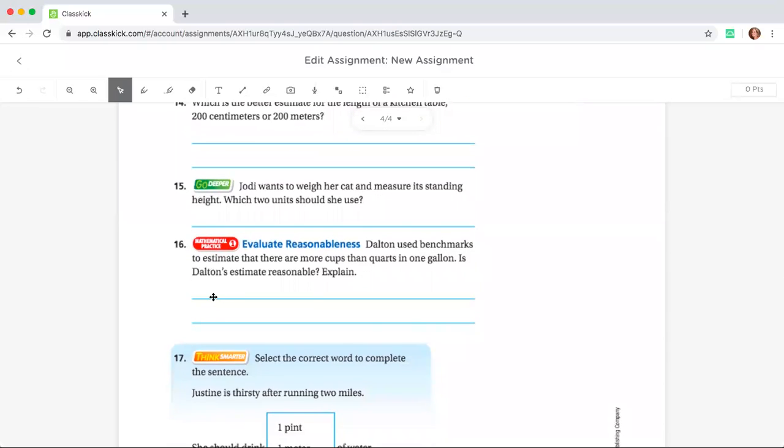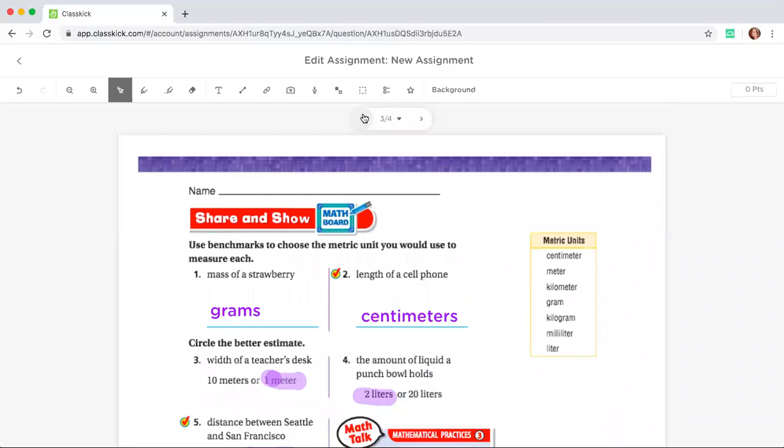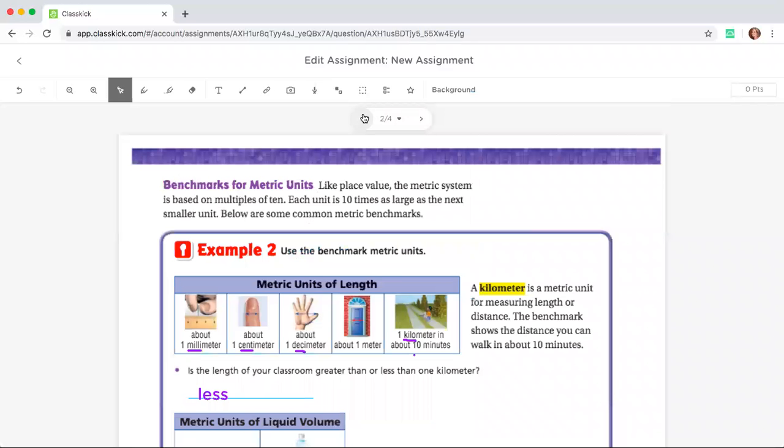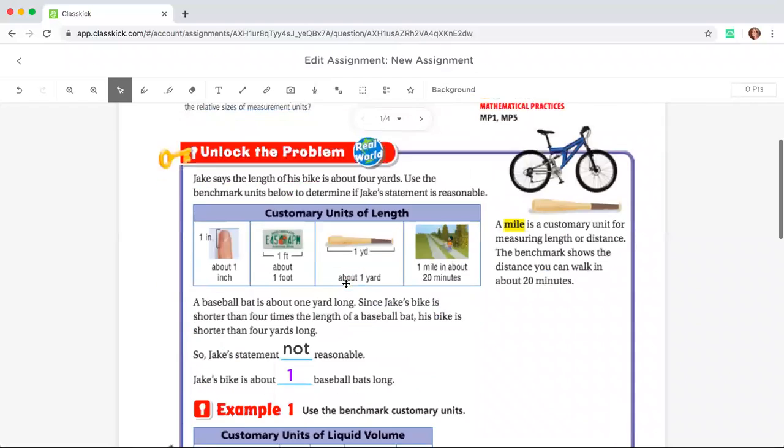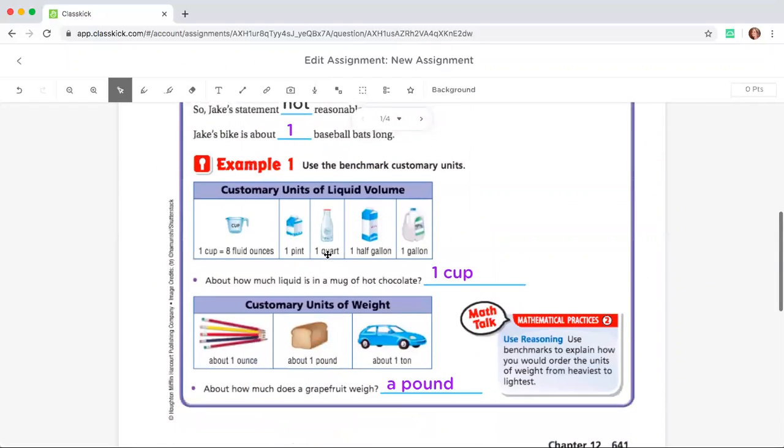Okay. Number 16, Dalton used benchmarks to estimate that there are more cups than quarts in 1 gallon. Is Dalton's estimate reasonable? Let's go back over here and look at the customary units of volume, okay?